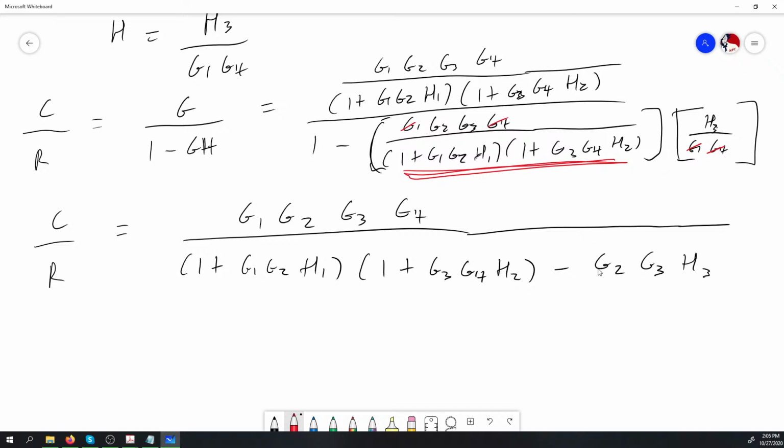So that's how we end up with minus g2, g3, h3 here, representing just this part for this particular aspect. So that's what happens to that one factor here, because we multiply the numerator and denominator by this combined factor here.